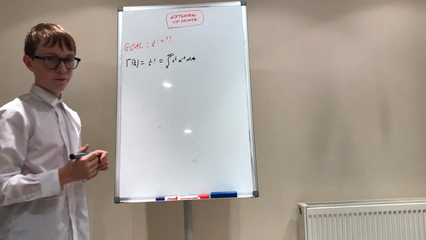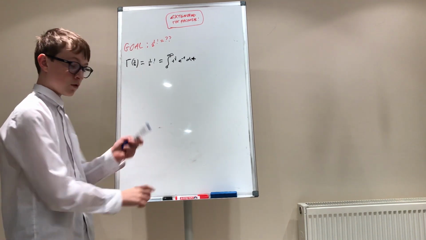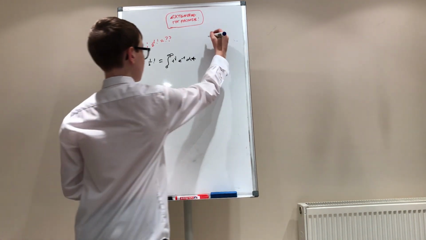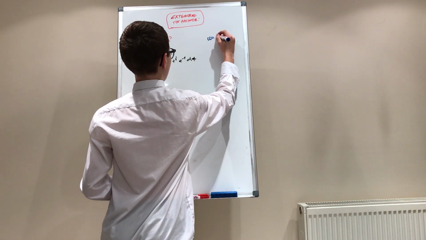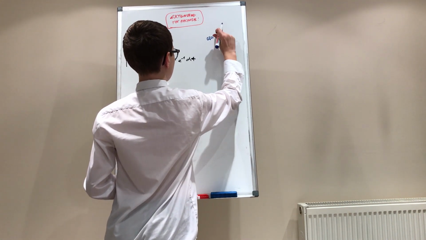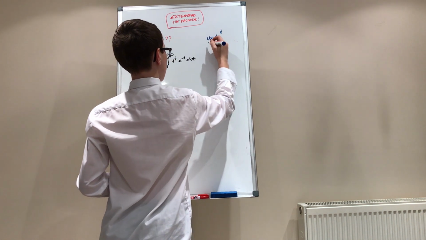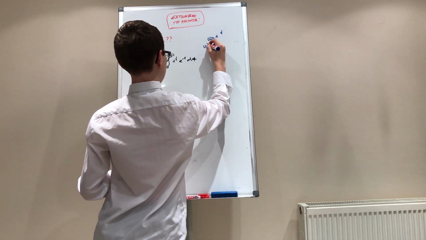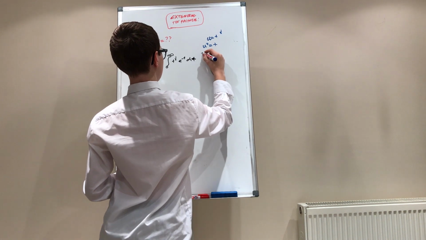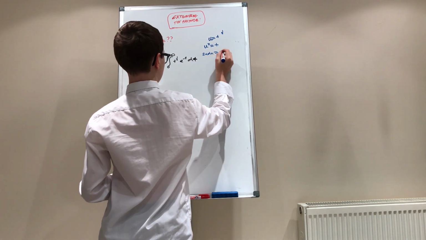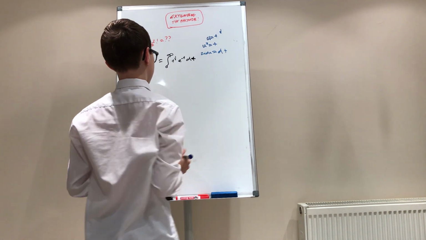And now, u sub in blue, let u equal t to the power of 1/2, meaning that u squared equals t, or 2u du equals dt.